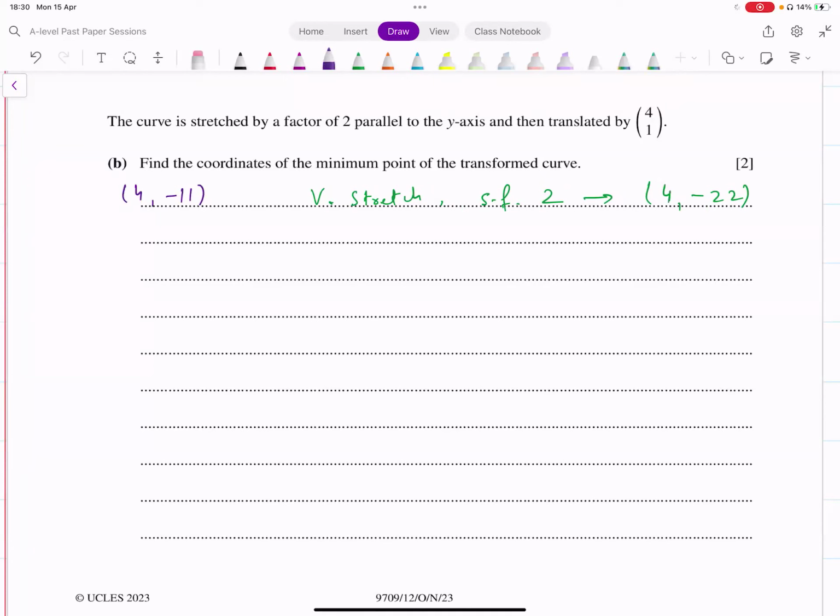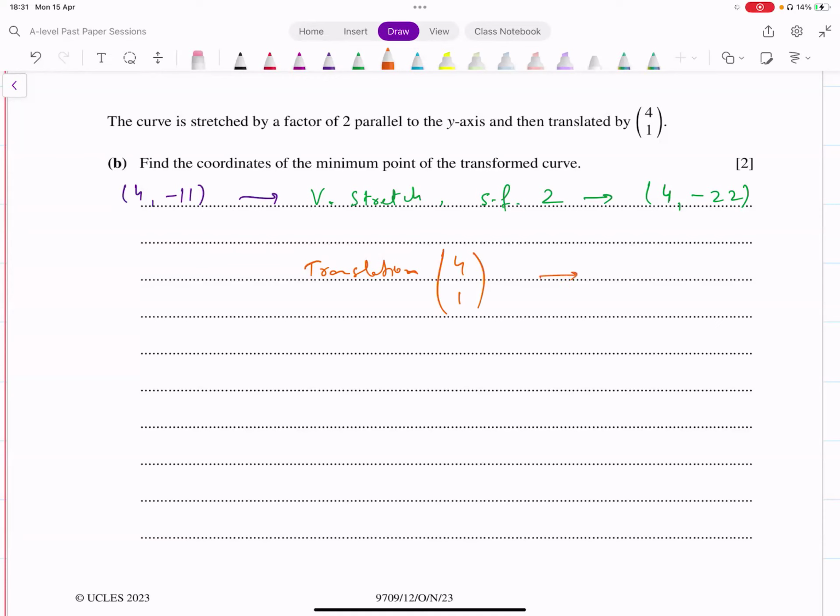Now, what's next after that? There's a translation. Let me write that down here as well. The translation is 4, 1. That means in the x coordinate, you're going to add 4, and in the y coordinate, you're going to add 1.